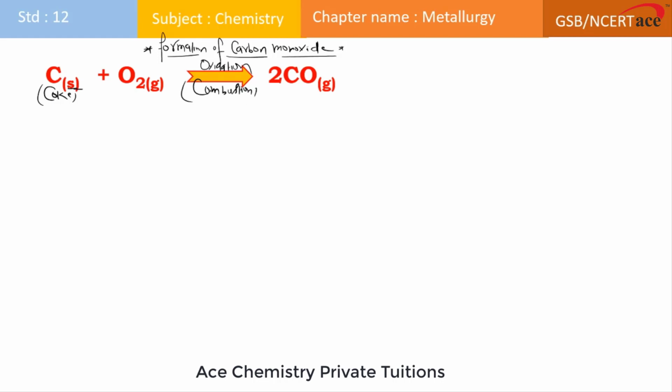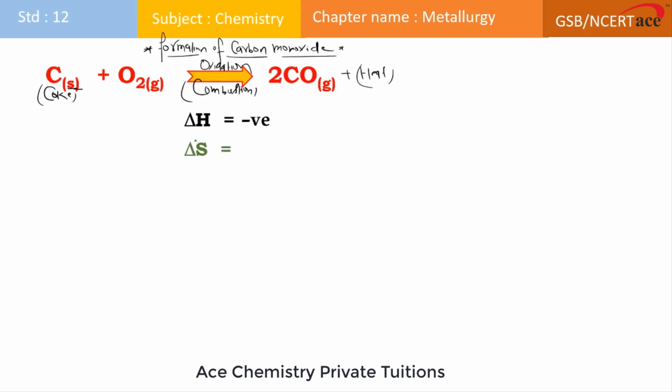Just now I told you that combustion is a type of exothermic reaction. So for all exothermic reactions, the change in enthalpy, delta H, is negative. So the delta H value of this reaction should be negative, meaning some amount of heat will be released.